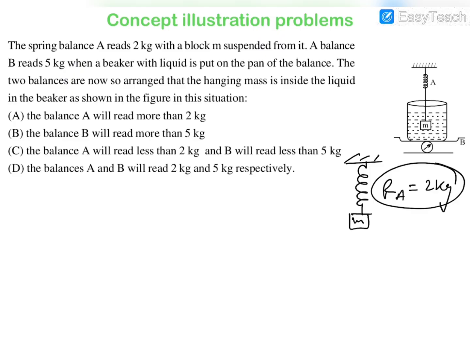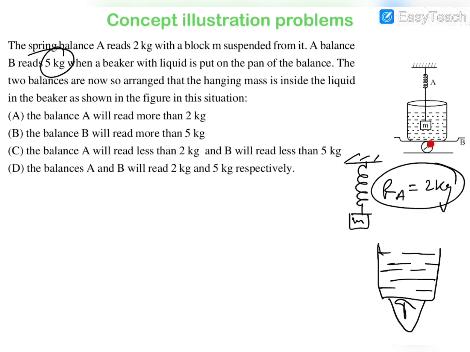And separately, when this container filled with liquid is kept on this pan, then the pan was reading 5 kg. Now we have kept this container on the pan, or weighing machine, and we have dipped this block along with the spring in the liquid. So we have to find out the new readings.